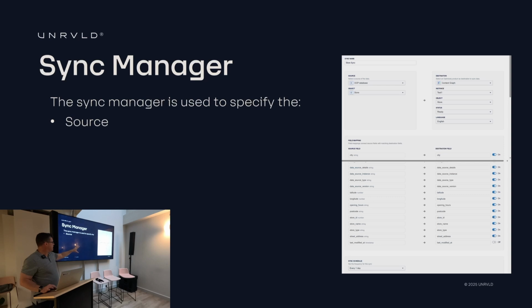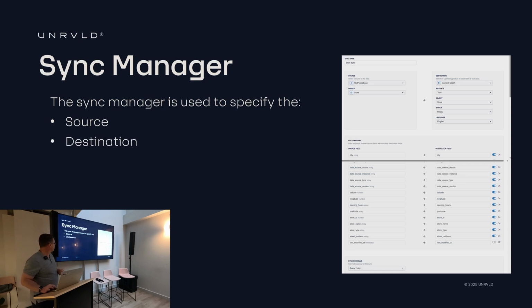Then at the bottom, you've got the field mappings, so you can choose the data from the source and where it goes to in the destination. What I'm doing here is I've got a file upload that's sticking it into the data store, and then into the store table in the OCP database. And then it's pushing it into content graph.